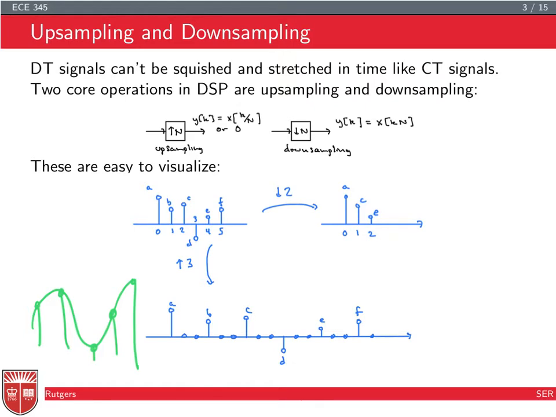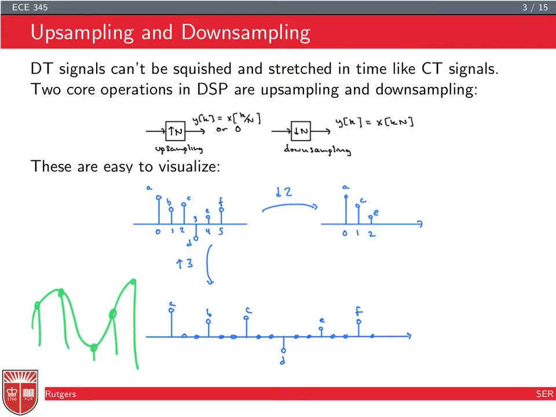One thing is that here, the sampling factor is equal to 3 in this case, and I mentioned this in the lecture on the Z transform. If we're upsampling by a factor n, this means I'm introducing n minus 1 zero values. And downsampling is the inverse operation.